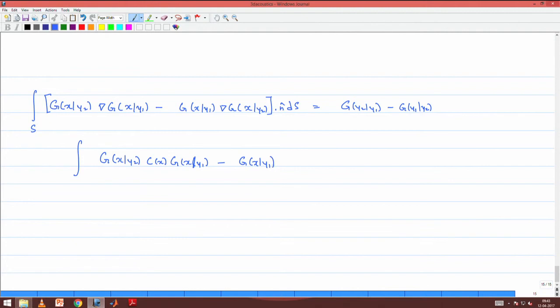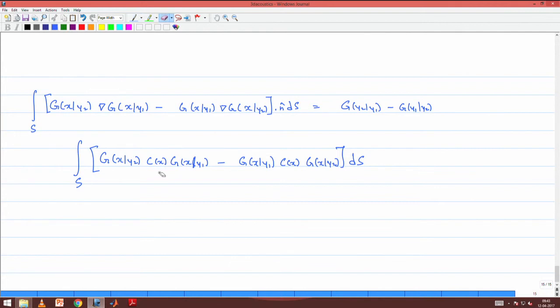So, with that derivation I am led to the following: g(x, y1), gradient of g(x, y2) dot n is also c as a function of x into g(x, y2), ds. So, this c possibly depends upon the boundary.